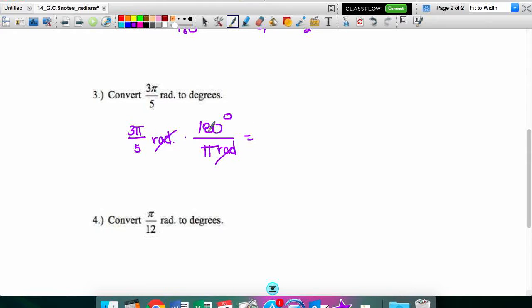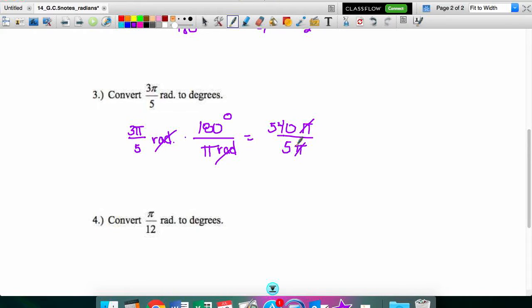Okay, so again, I'm going to multiply across the top and multiply across the bottom. 3 times 180 is actually going to give me 540 on top, and then I also have a pi. On the bottom, 5 times pi would just be 5 pi. You'll notice that the pi's cancel.